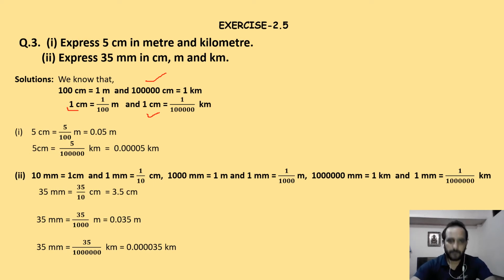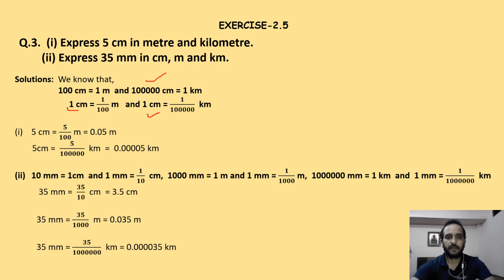Now we simply multiply to convert into different units. 35 mm is 35 times 1 upon 10, so 35 upon 10 centimeter, and in decimal value that becomes 3.5 centimeter.